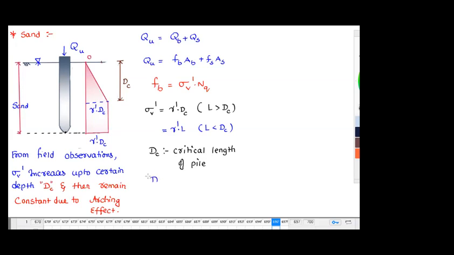First, this critical length is equals to 15 times the dia of pile in the case of the loose sand, and this DC is equals to 20 times the dia of the pile in the case of the dense sand. Okay. So DC is the critical length of pile.